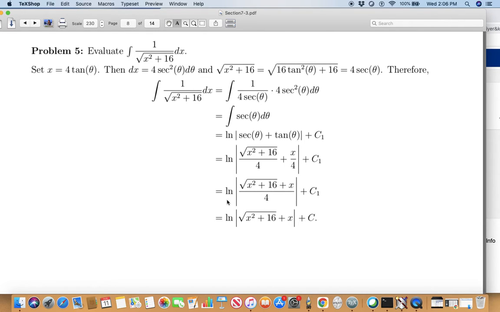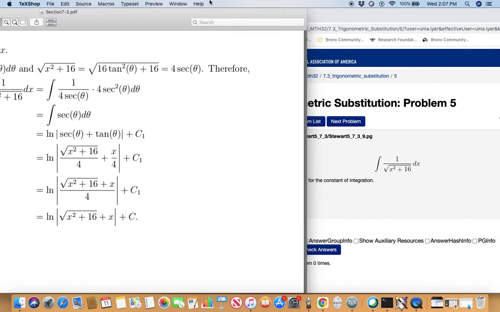You know the properties of natural log. Natural log of a quotient is natural log of the numerator minus natural log of the denominator. Natural log of 4 is a constant. Combine that with this constant, you get a new constant. So natural log of just the numerator part is needed because that's the variable part, plus some constant of integration.